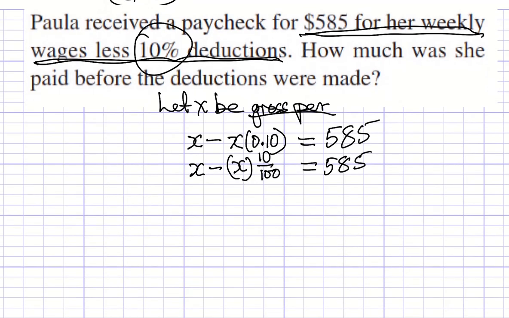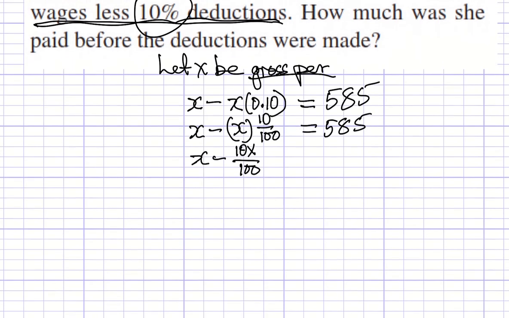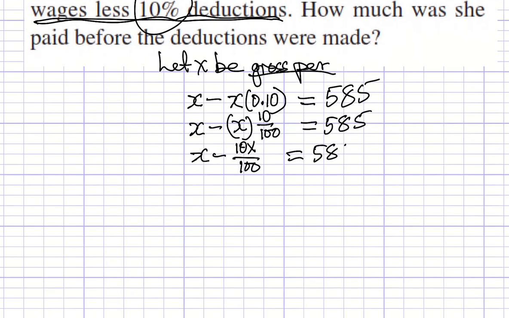You could multiply by 0.85 or use 0.10x, but I don't want to work with decimals like that. I like it this way, so I can see what I'm doing. So that was the same thing as x minus 10x over 100, and all that is equal to 585.